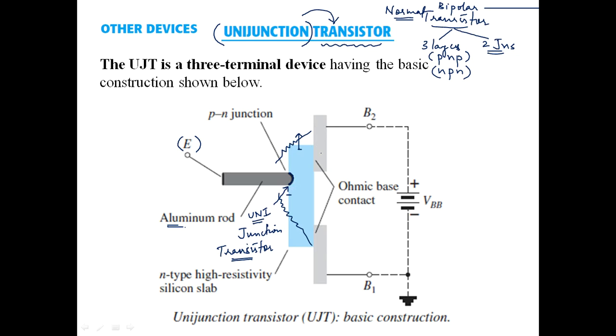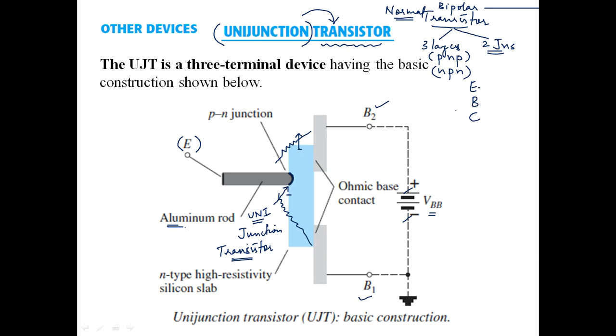Alright, so further, these two ohmic base contacts are being supplied with external voltage, which is called VBB. So we have two bases here, B1 base and B2 base, right? Please note that in a normal transistor the three terminals were emitter, base and the collector.